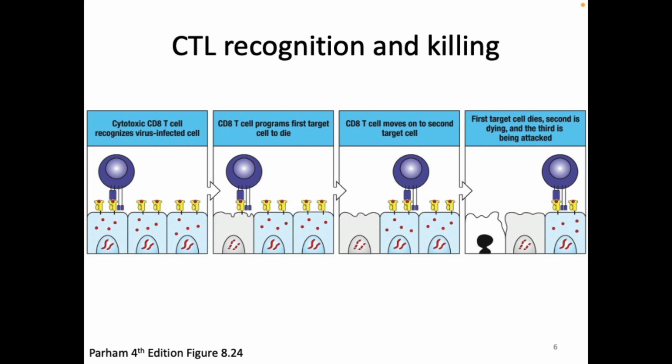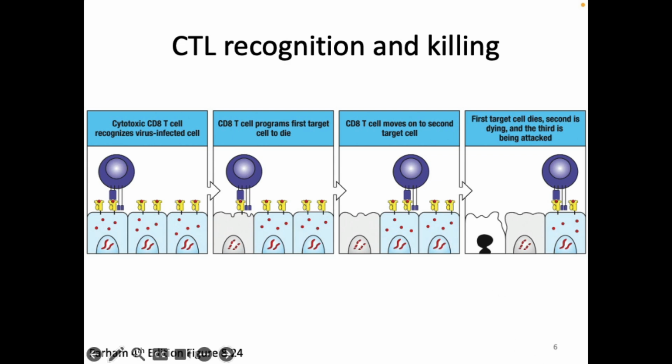But what you saw in the video was that the CTL was basically secreting a packet or something to that infected cell to make it die. And no, it's not going in 360 degrees, killing the whole tissue. It's a really specific interaction with that one infected cell, while other cells around that might not be infected are not undergoing cell death.